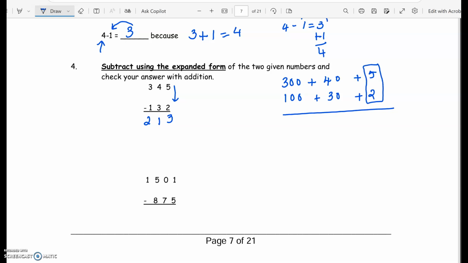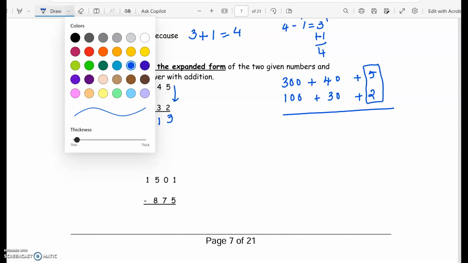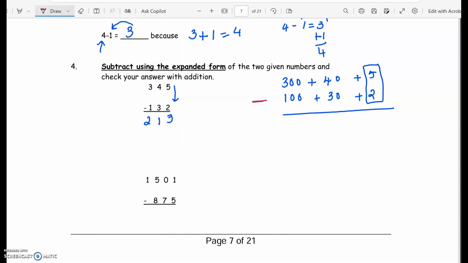Remember, this is subtraction. 5 minus 2 is equal to 3. 40 minus 30 equals 10. 300 minus 100 equals 200. So 2 in the hundreds place, 1 in the tens place, 3 in the ones place is 213.